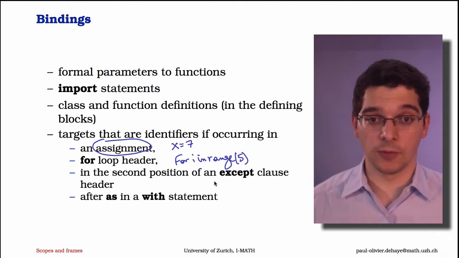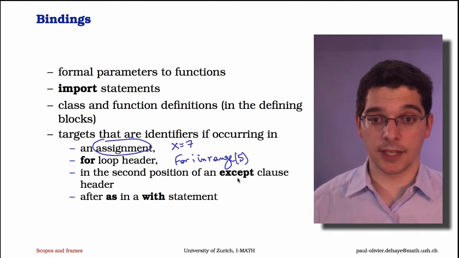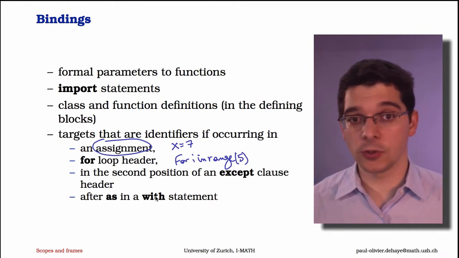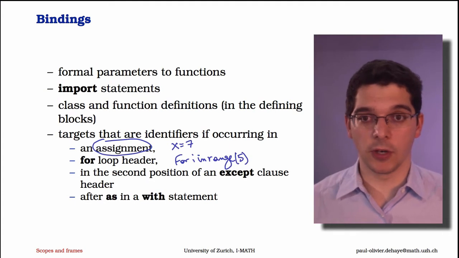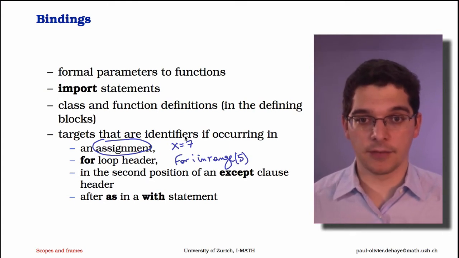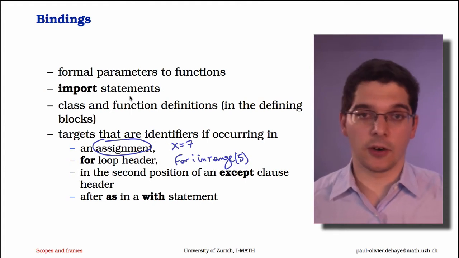Now, there's also, if you do exception handling, if you do an except clause, or if you use a with. And those are more advanced. So those are whenever you have identifiers. But there are other ways.